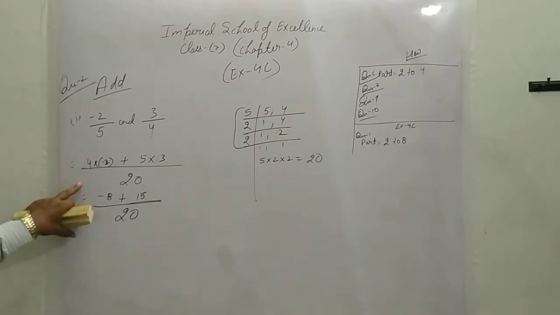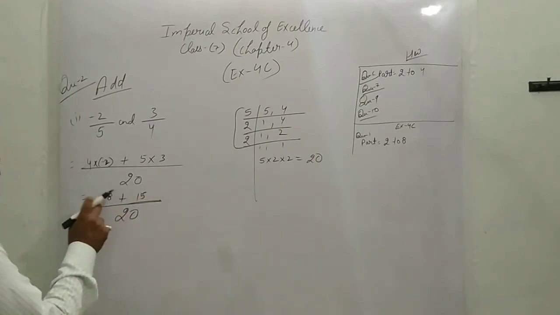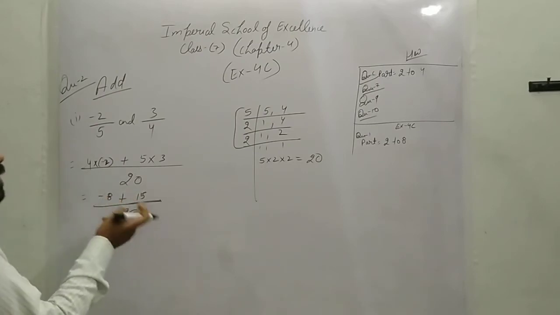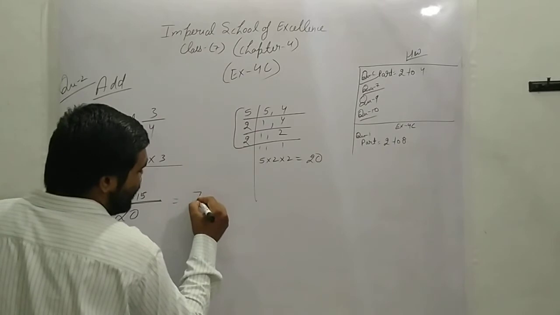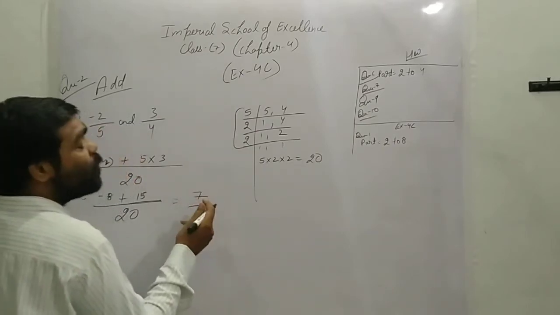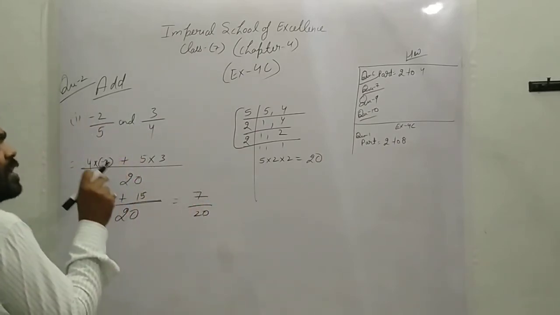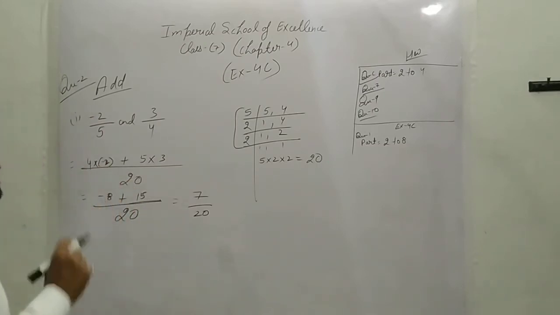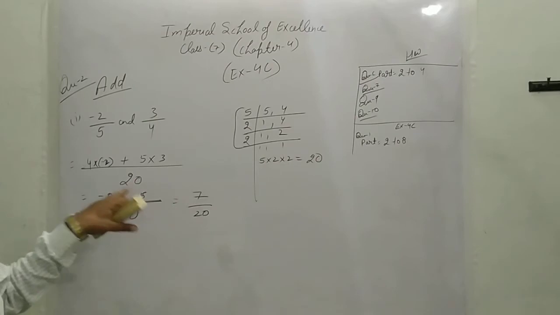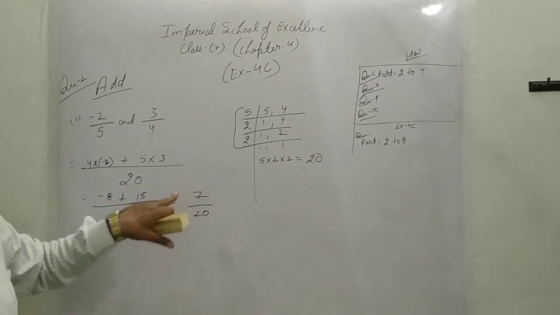This one is clear. After that, 15 plus minus 8, that is minus 8 plus 15. Subtracting 8 from 15, your answer will be 7 upon 20. It would be positive because the positive integer is bigger in comparison to the negative. Minus 8 is smaller than 15, so the answer is plus 7 upon 20.